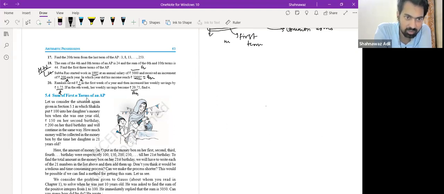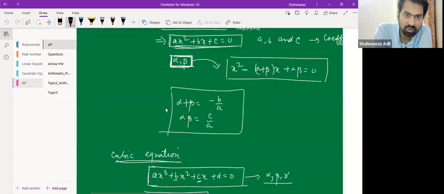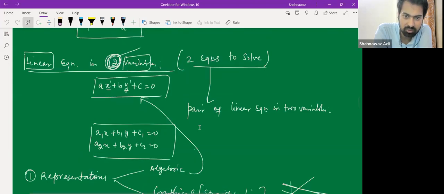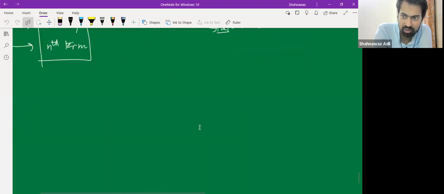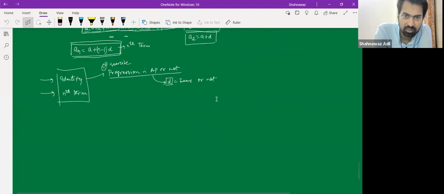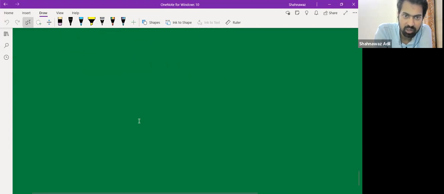Because I have to start the sum of first n terms. What is meant by sum of first n terms?